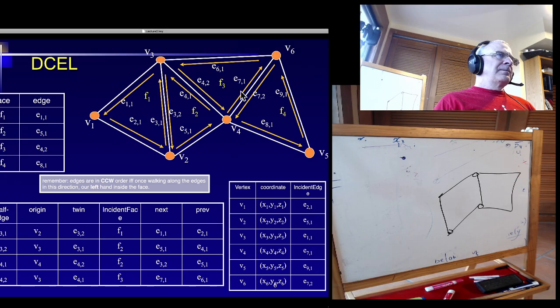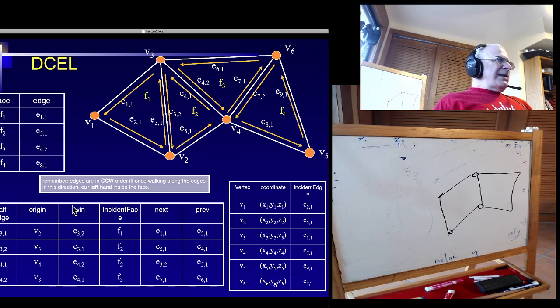Don't try to make sense of the names of the edges. They are meaningless, just different names for every edge. So V4 needs to store here an index into the array of the edges, array of the half edges, actually.